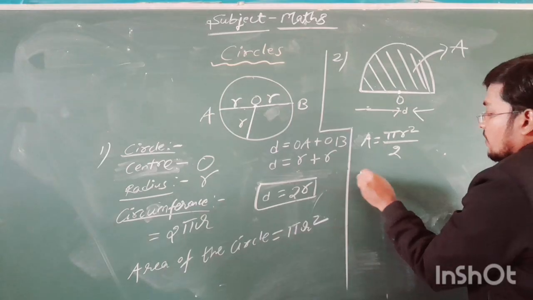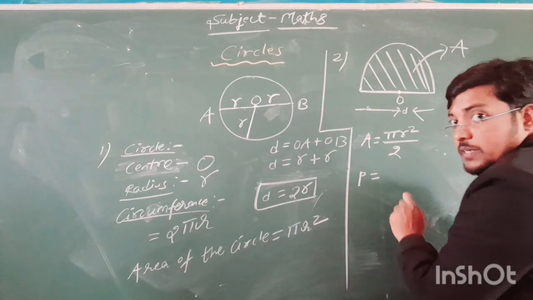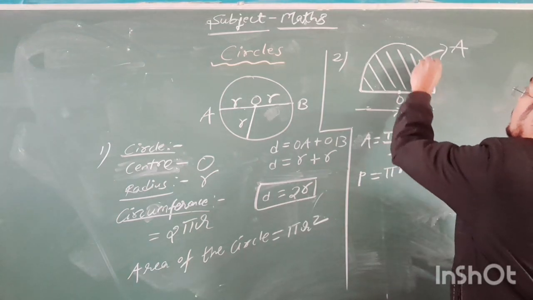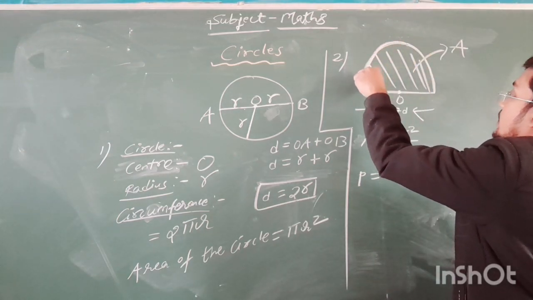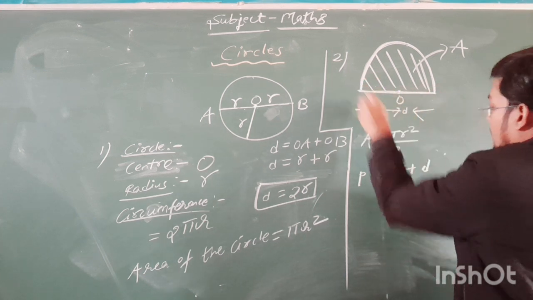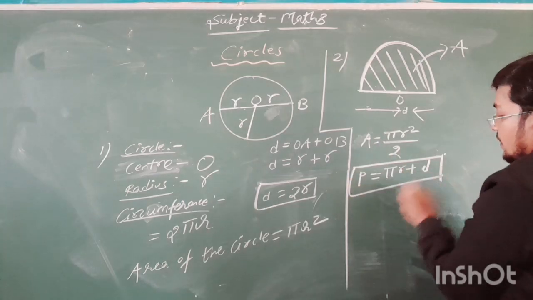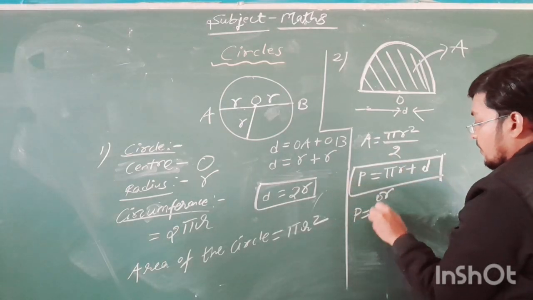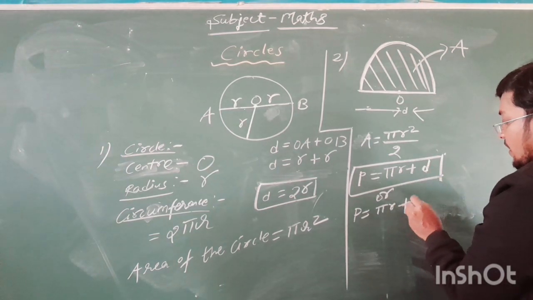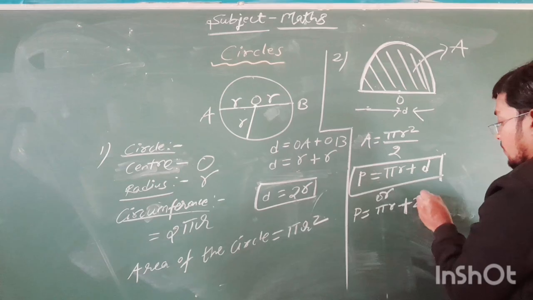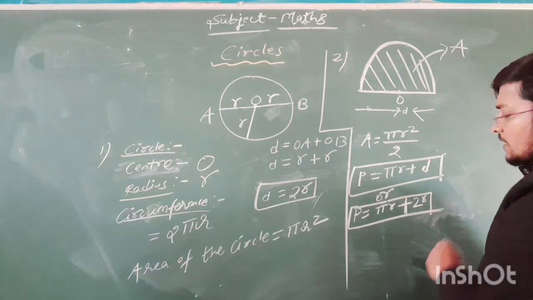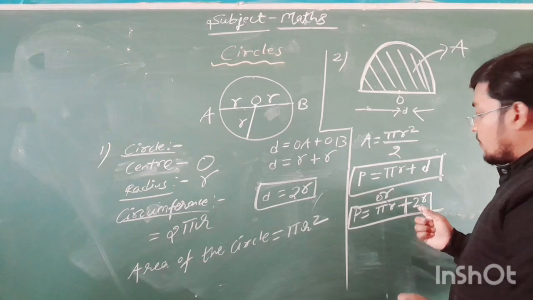Perimeter of the semicircle is equal to pi R, which is the length of this curve, plus D, which is the diameter of the circle. So P is equal to pi R plus D, and the value of D in the form of R is 2R. So perimeter of semicircle is equal to pi R plus 2R.